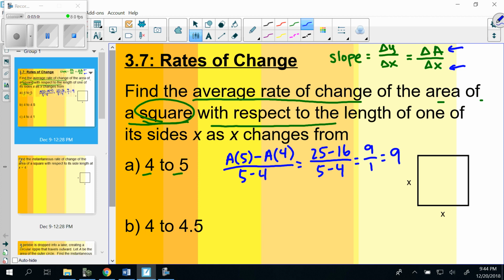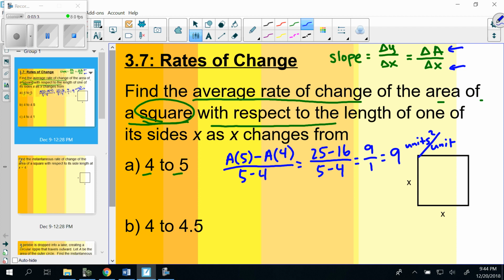So the average rate of change is that our area is changing 9 units squared, whatever these units would be, because our top number's area over whatever that unit is. So it'd be changing at 9 units squared per unit.